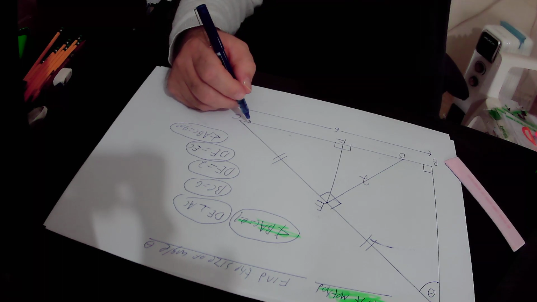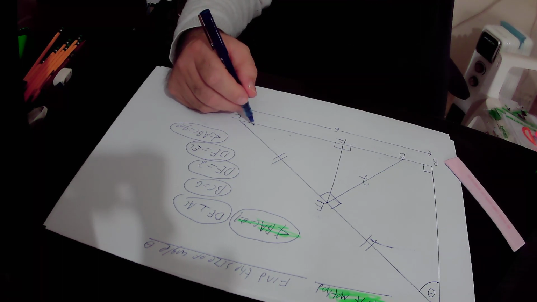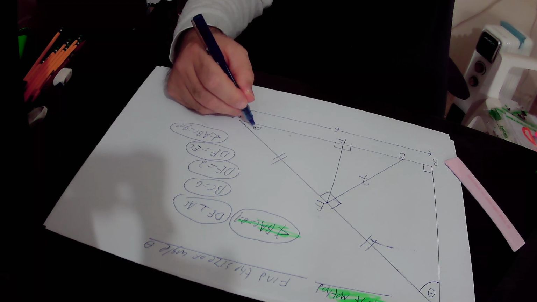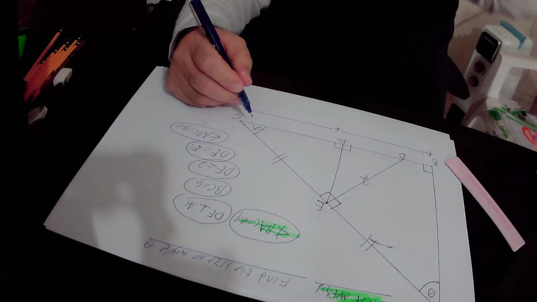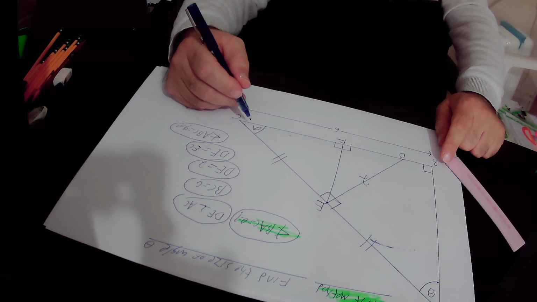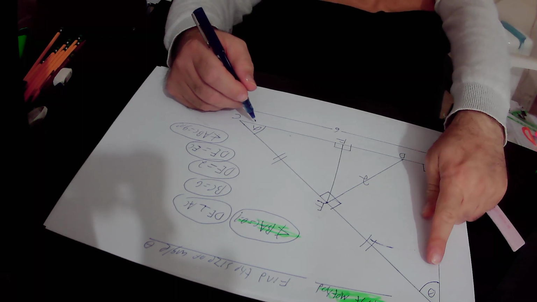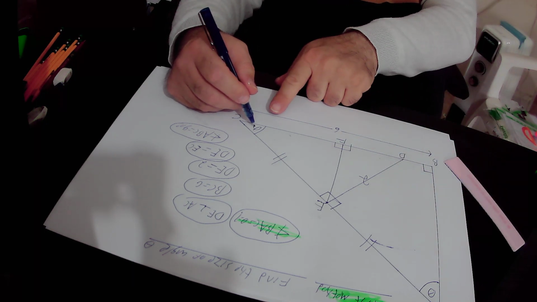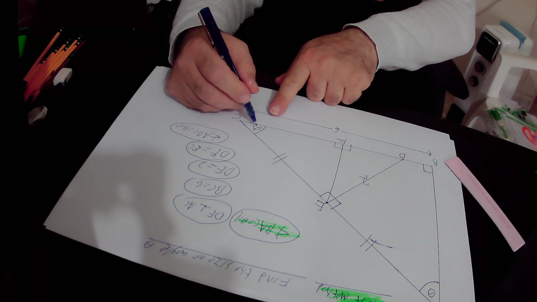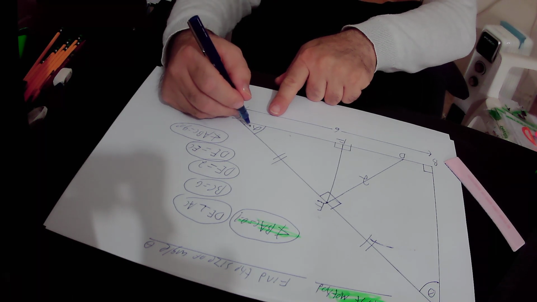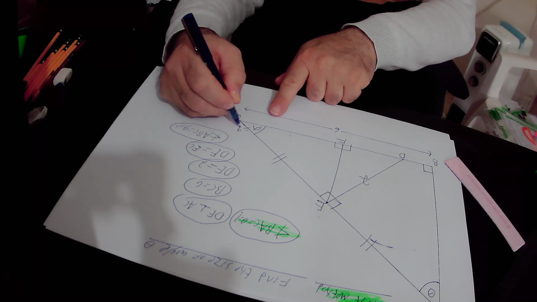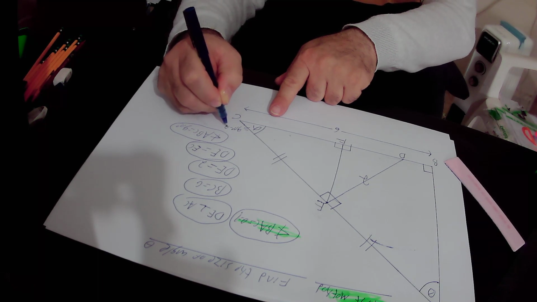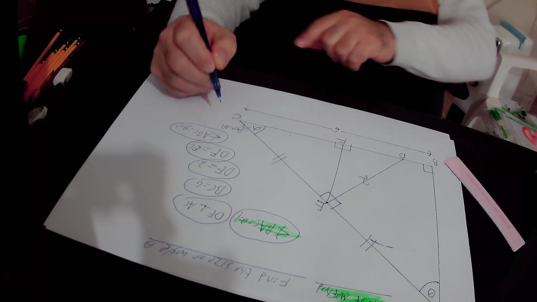We'll define this angle as angle alpha. But in the right triangle ABC, because this angle equals theta, this angle must be equal to 90 degrees minus theta in order to complete the sum of the angles in triangle ABC, 180 degrees. So alpha will be equal to 90 degrees minus theta. Okay, I will write it down.